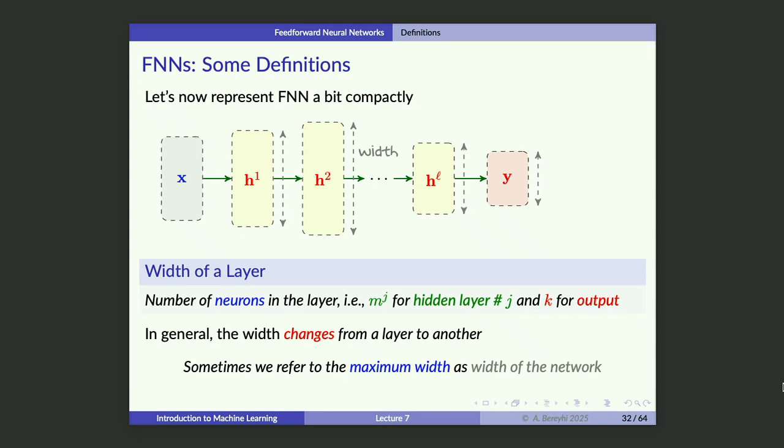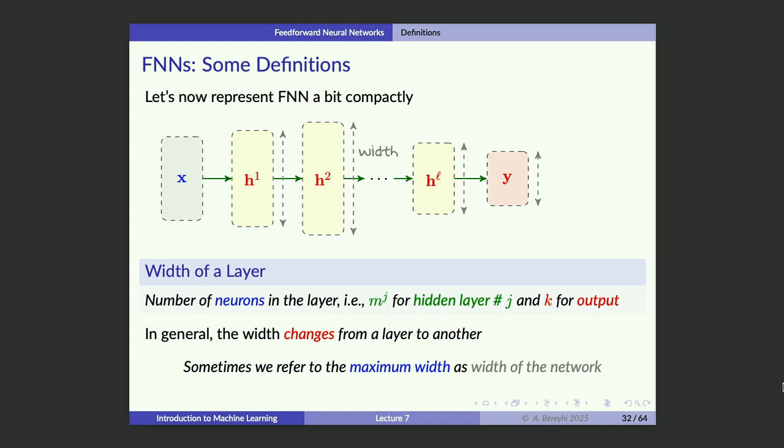So for example, if you were at layer 2 right now, would the width of the network relative to layer number 2 be equal to L? No, width is for the layer. It's just how many neurons you have in that layer.